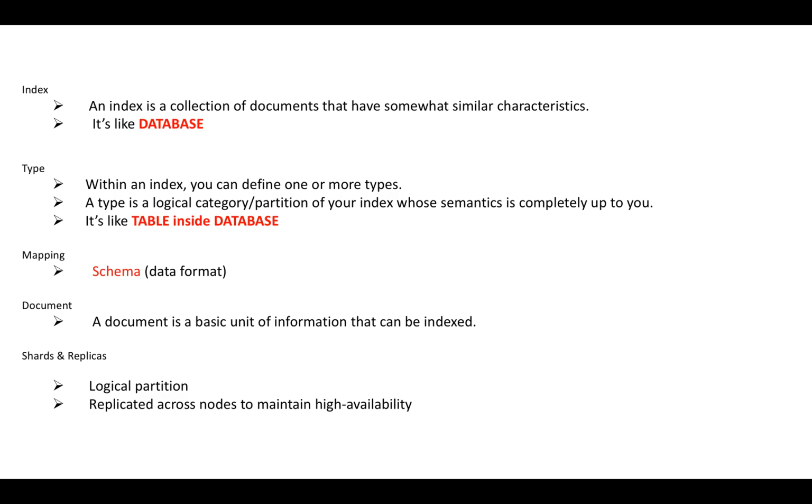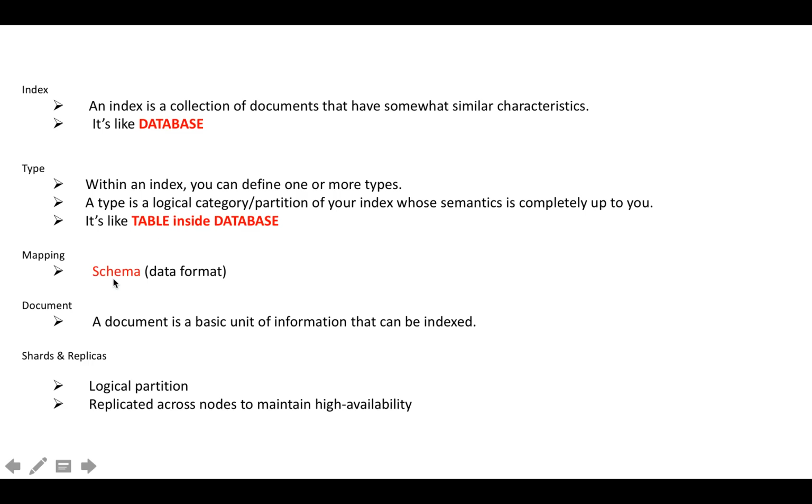For example, every day I want to store data with a timestamp, say today's date and tomorrow's date. So you can have a type created date-wise, month-wise or year-wise, so that it's easy to search. Instead of searching one year's worth of data, you can go to the specific date and search. So it's like a table.